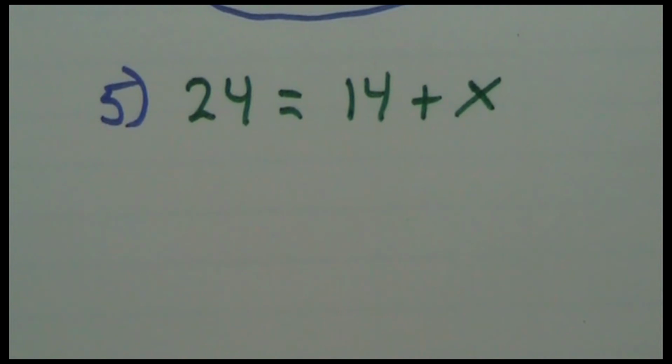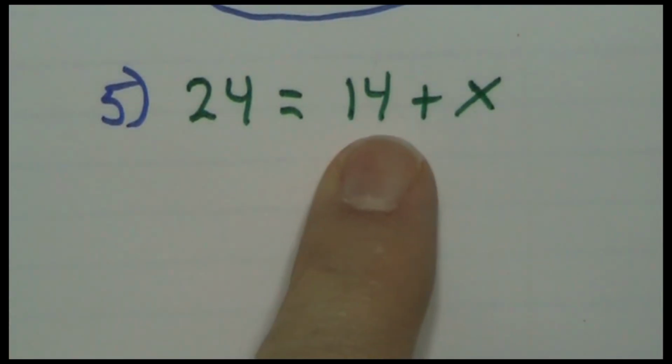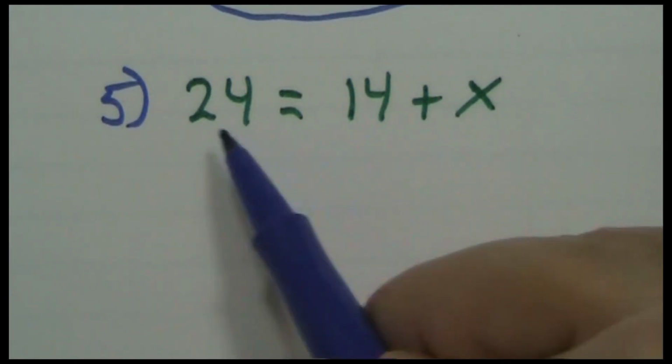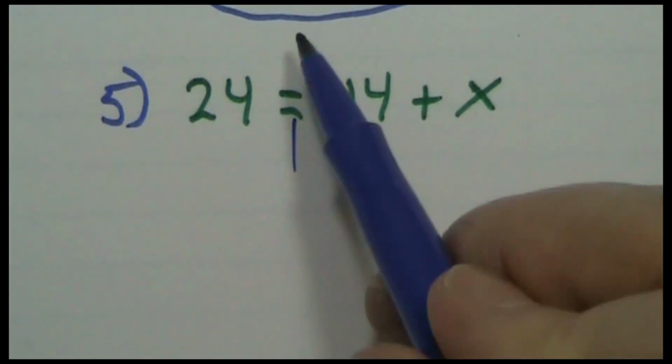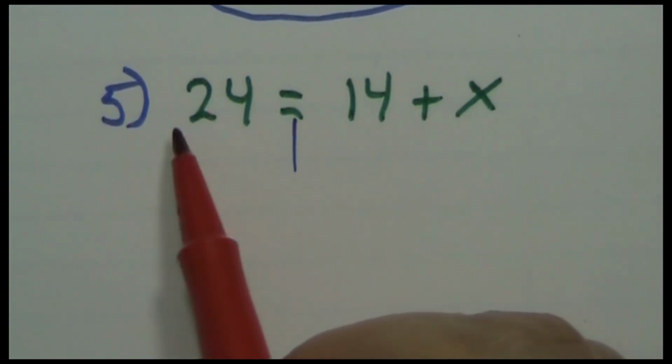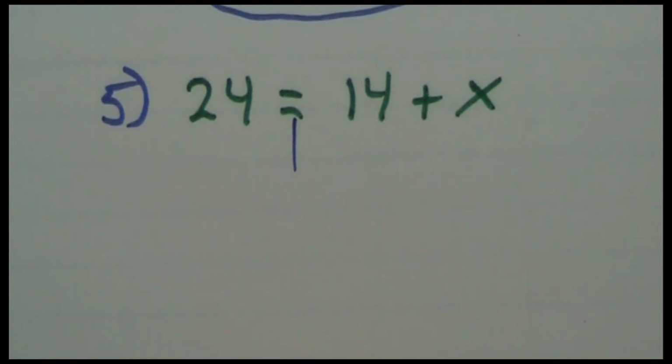Okay, number 5. 24 equals 14 plus x. So remember, you have a left and a right side. Again, you don't have to put a line through it. And so let's see, what are we going to do? Are we going to get rid of 24 or get rid of 14?